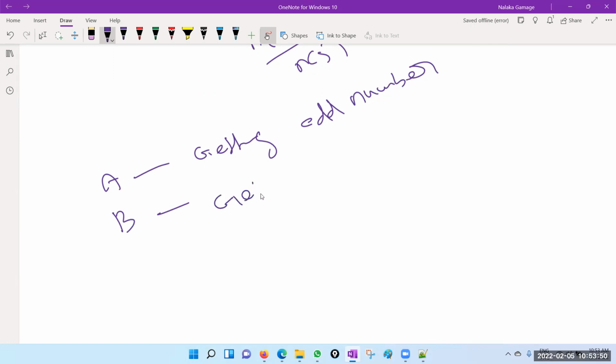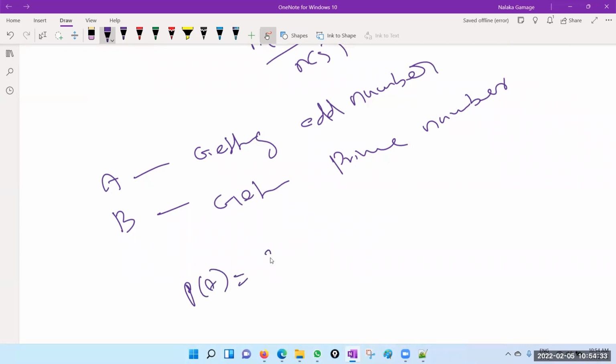My first event A is getting an odd number. B is getting a prime number. Now definitely some outcomes satisfy both. If I get 5, it's odd and it's prime. If I get 3, it's odd and it's prime. But if I get 1, it's odd but not prime. That is fine, but at least one is satisfying both. And if I take 2 or 6, it is neither odd nor prime. That is also fine. But at least one outcome must satisfy both. Then they are not mutually exclusive. Now let's find P(A).